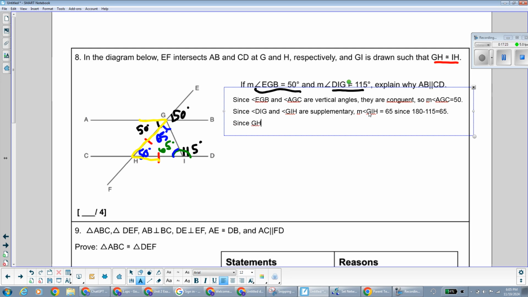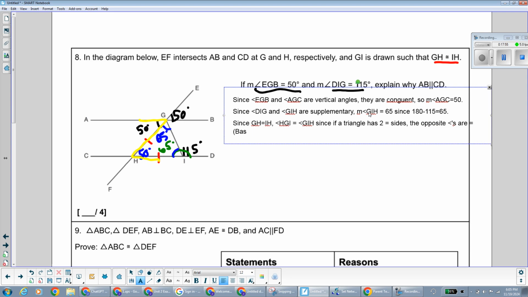Since GH is congruent to IH, angle HGI is congruent to angle GIH, since if a triangle has two congruent sides, the opposite angles are congruent. And I'm going to put in parentheses, that is the base angle theorem, also known as the isosceles triangle theorem.